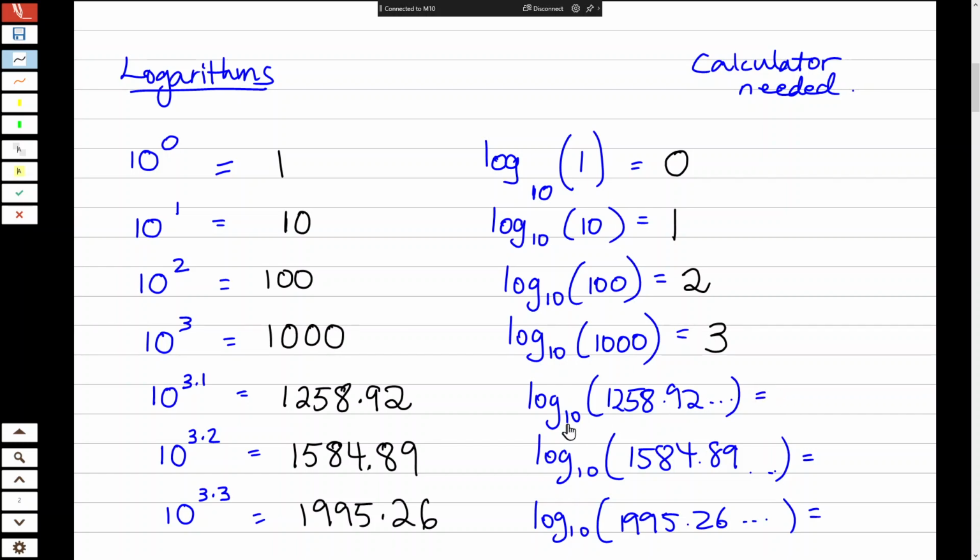So Jai, press the log button, then type in the number 1258.92. Yes. So Jai, make sure you get it. Did it actually say 3.1 though? So just out of curiosity, if you type this in, you probably didn't get 3.1 exactly.